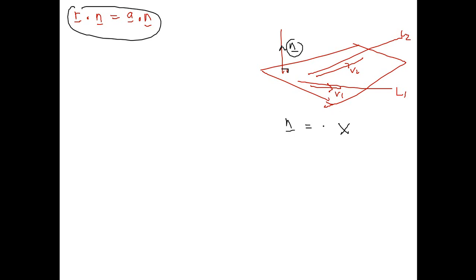So the two vectors V1 and V2. V1 is equal to I plus 3j minus 3k. V2 is equal to I plus 2j minus 4k.